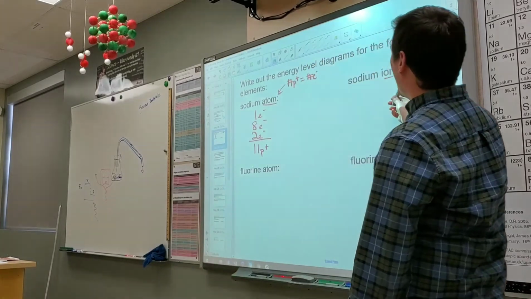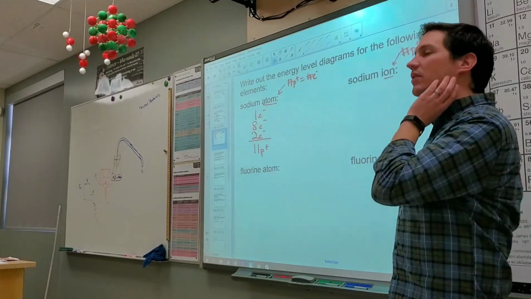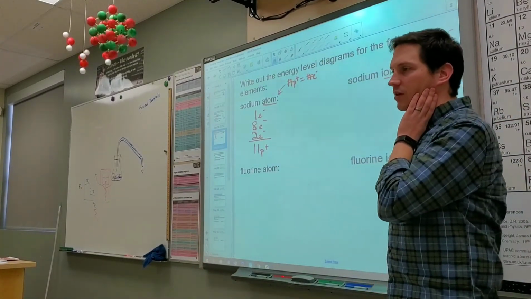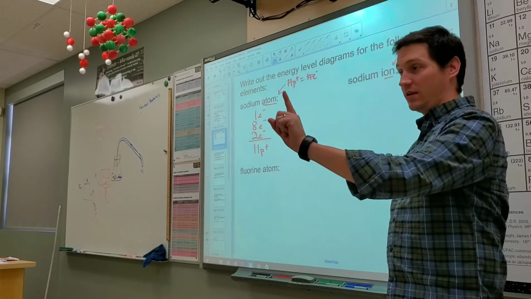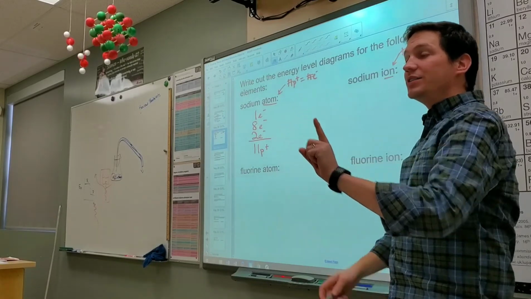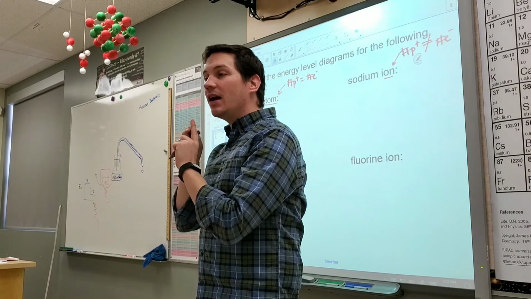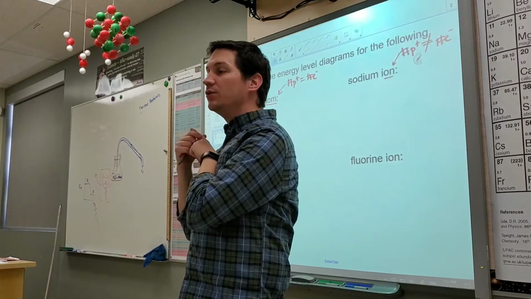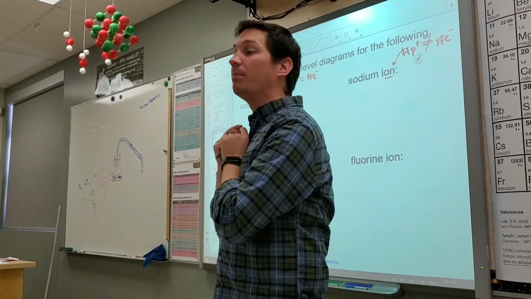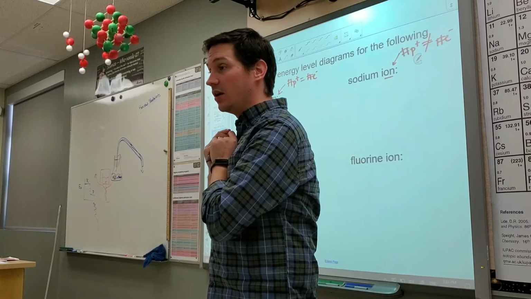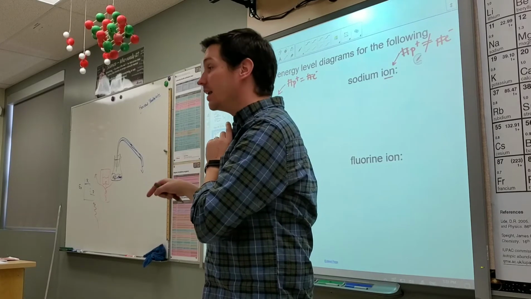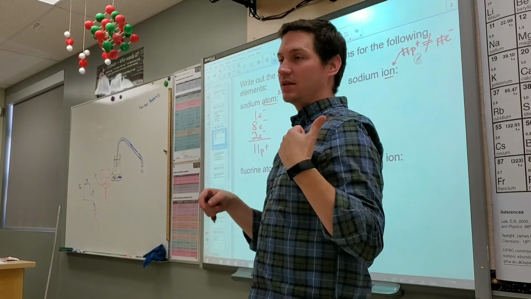Now this sodium ion, what kind of an ion charge does it have? +1. So that means, did we gain an electron or did we lose an electron if we are positive? We lost a negative to become positive, right?